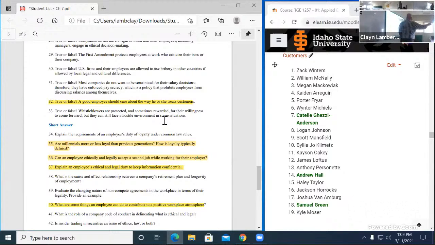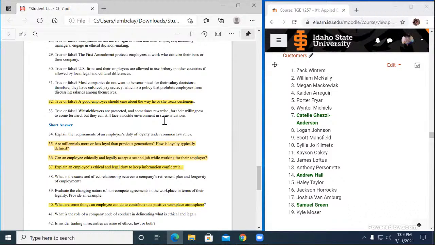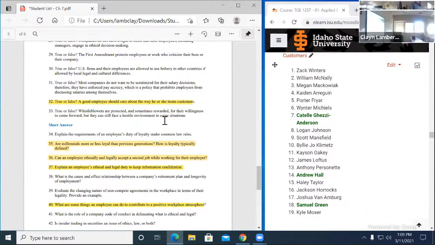That is true, okay? But from an ethical perspective, what responsibility or duty would suggest that number 32 is true? From what we read in the chapter? Can you repeat that question? Yeah. From an ethical perspective, what ethical standard tells us that this is true?